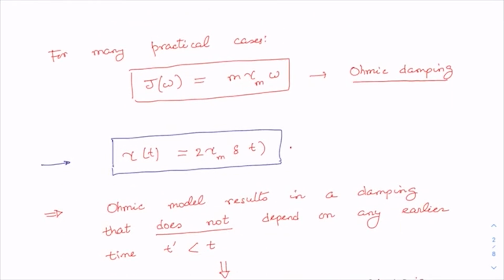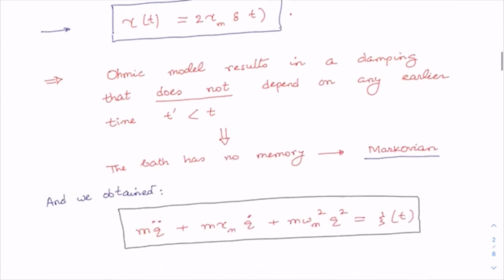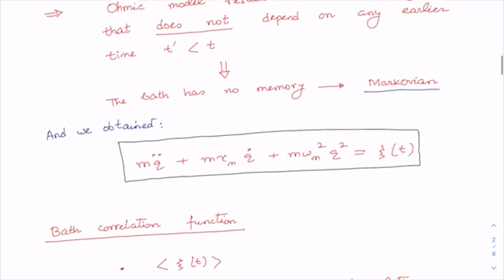The ohmic model results in a damping that does not depend on the previous history of the bath, nor on any earlier time, and therefore this process is known as a Markovian process, and we obtain these equations here.